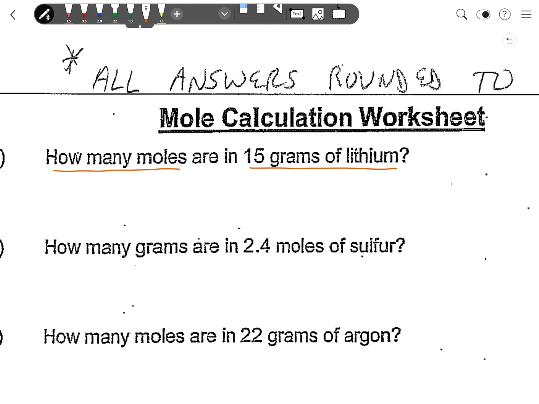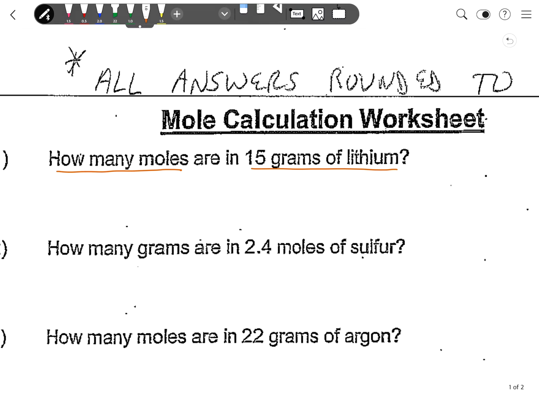So let's write down what we have: 15 grams of lithium. Then we set up our little T-chart, railroad tracks some people call them, and put moles way down at the end, since that's what we're trying to find.